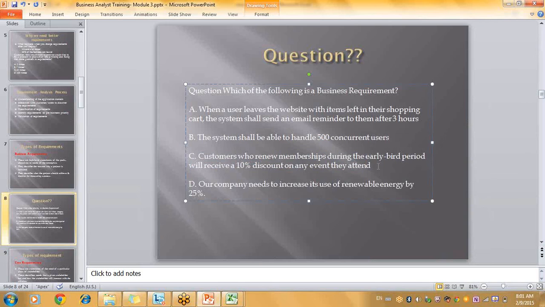D, yes, this is a business requirement because my company needs to increase its use of renewable energy by 25%. That is from an enterprise level, or more from the business objective that the company has, right?